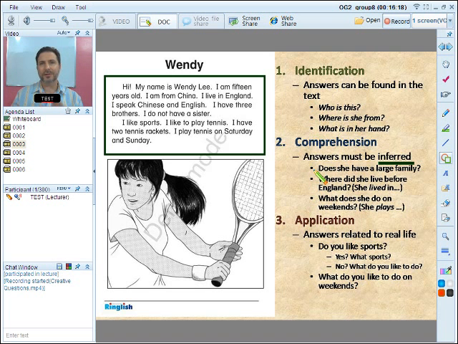If the student's level is low, you'll probably want to spend more time with the identification questions and build up their confidence. If their level's a little higher, you can do one or two just to activate schema, get their mind on the material, and spend a little more time in comprehension and eventually in application.